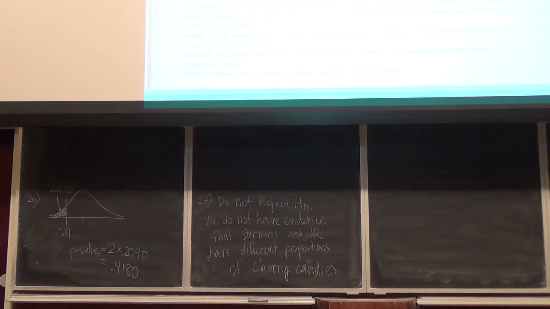The question right before this one says 0.05. It says perform a hypothesis test at the 0.05 significance level. It's just saying that.